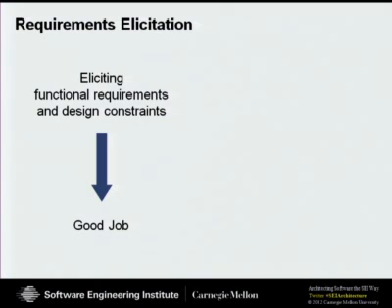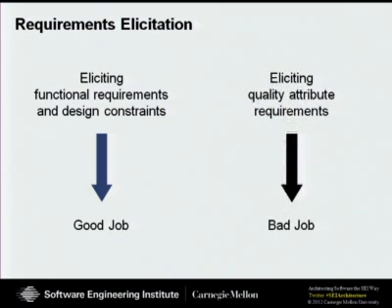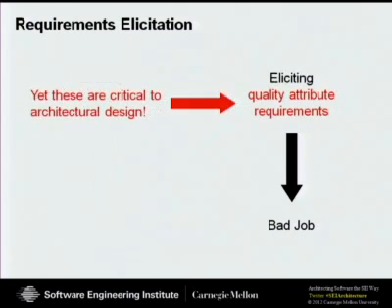They're generally pretty good at understanding what the design constraints are. People are really terrible at understanding what the quality attribute requirements are for a system. And yet, quality attribute requirements are absolutely critical to the design of an architecture.